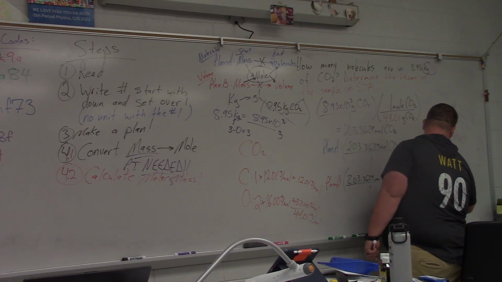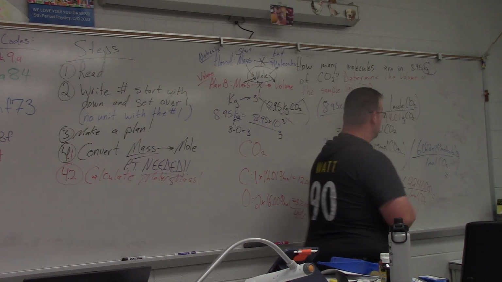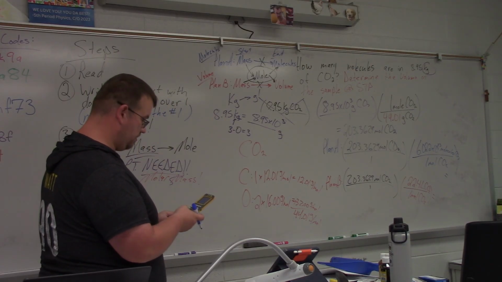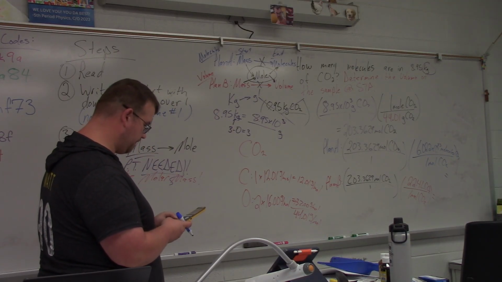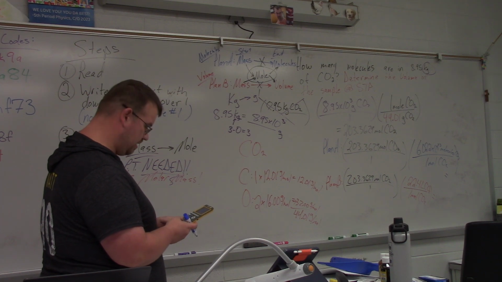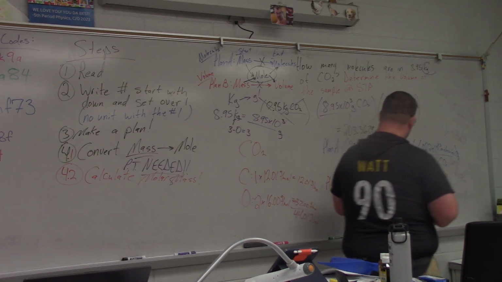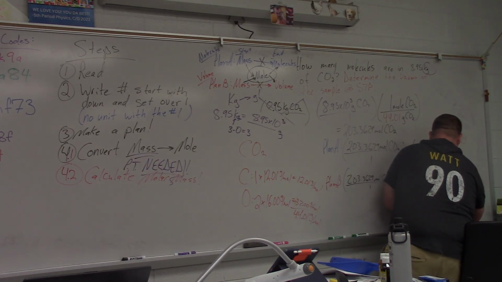So, throw it in the calculator. We'll store that alpha A, 6.022, and I get 1.225 times 10 to the 26th, and that is molecules CO2.